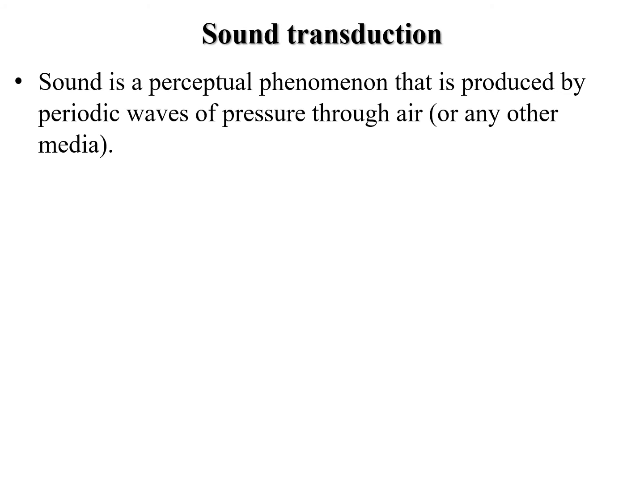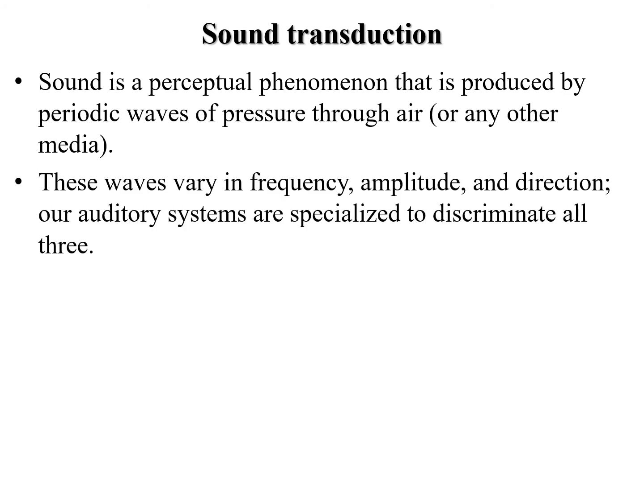First of all, it is a perceptual phenomenon and is produced by periodic waves of pressure through air or any other medium that has the ability to cause periodic movements of its particles. Sound can travel through air, through water, through solids also. These waves of pressure, that is sound, vary in frequency, amplitude and direction.